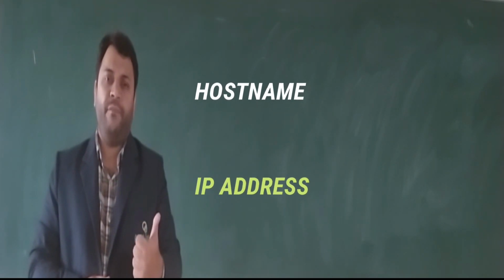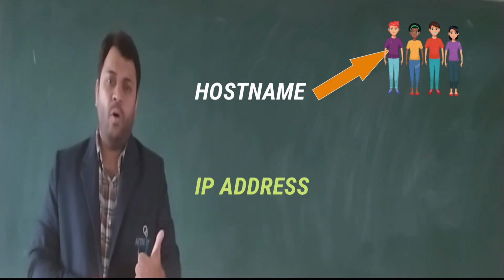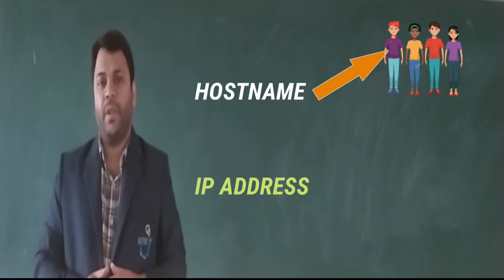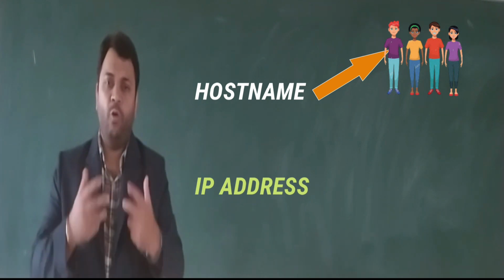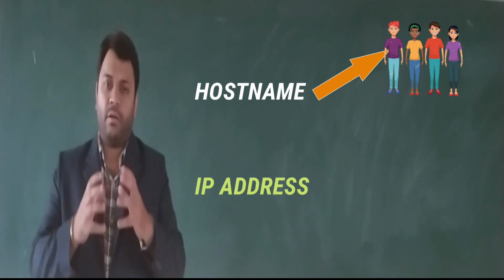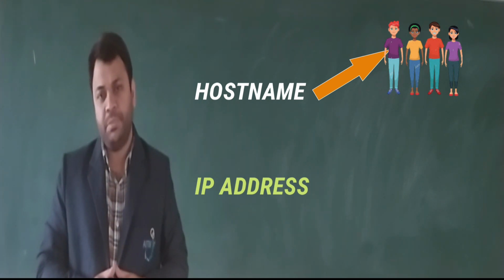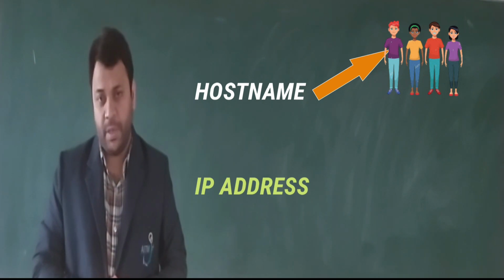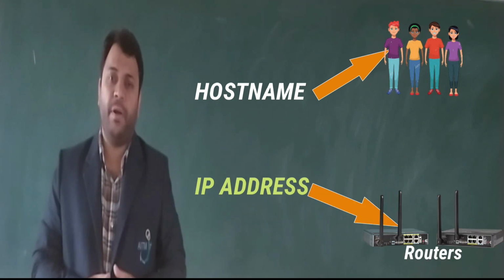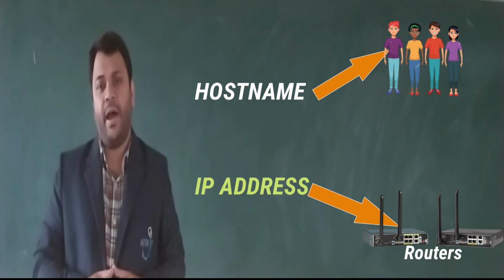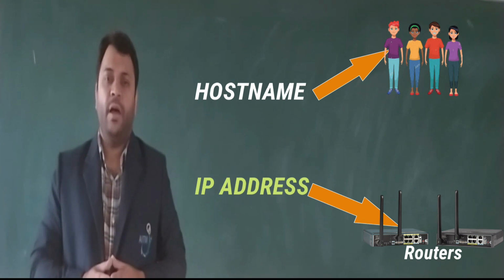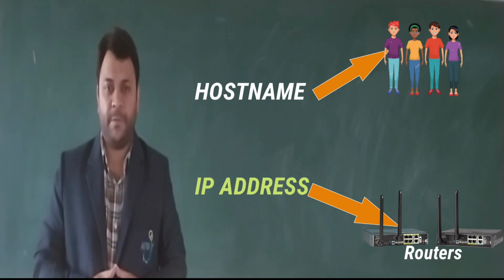People prefer host names because we human beings are capable of remembering names rather than numbers, while routers prefer the fixed length hierarchical structure of an address, that is the IP address.